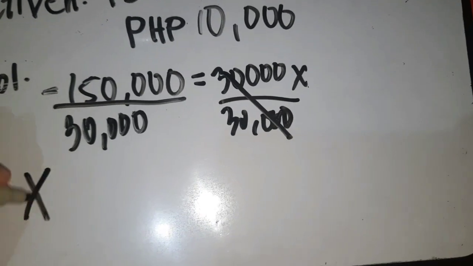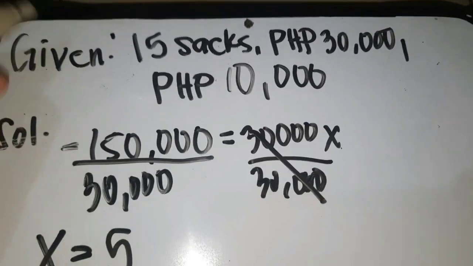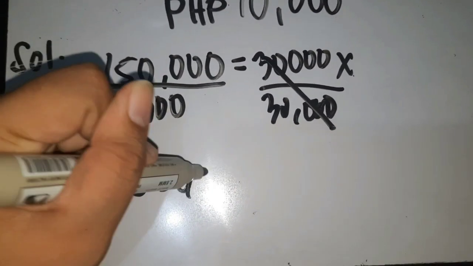So our x is 5. So it means, if you have 10,000 pesos, you will get 5 sacks of clothes.